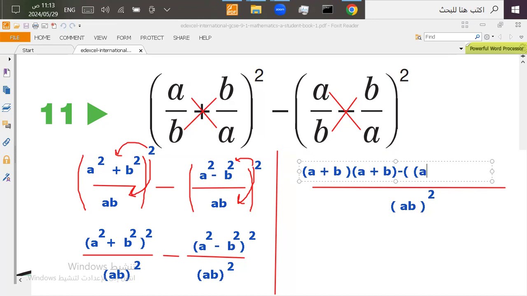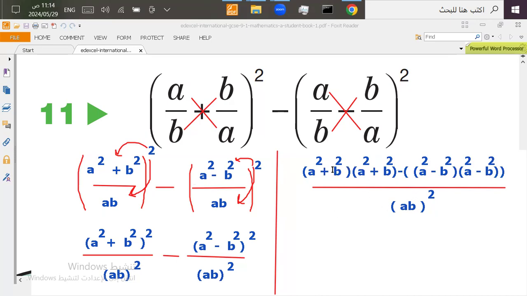So A squared minus B squared, close bracket, and then another bracket, A squared minus B squared, close bracket, and close the second bracket of the minus. Now let's put the squares. Now we got these. Now we can expand.